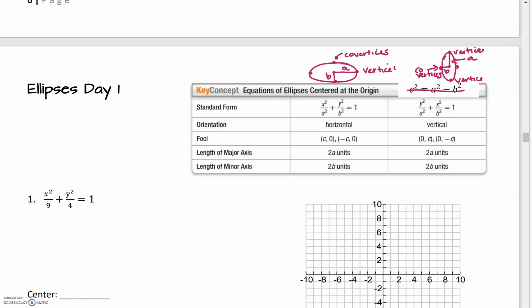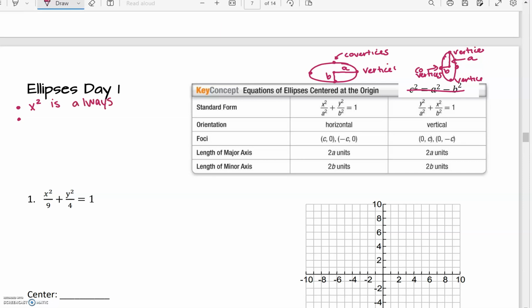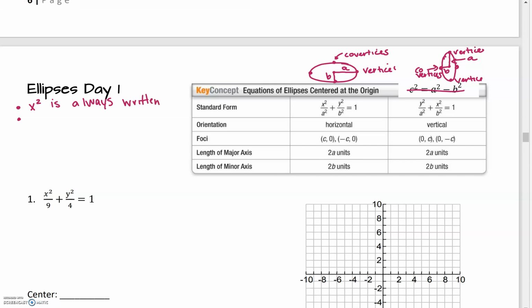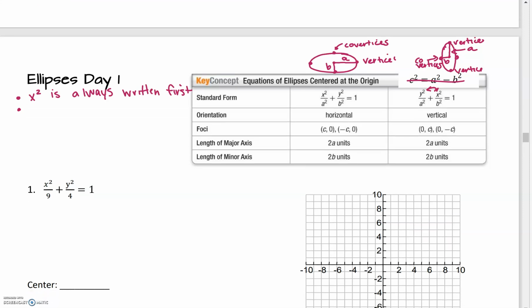I'm going to get rid of this so we can write some other reminders off to the side here. X squared is always written first, although a lot of times you'll see that being swapped.